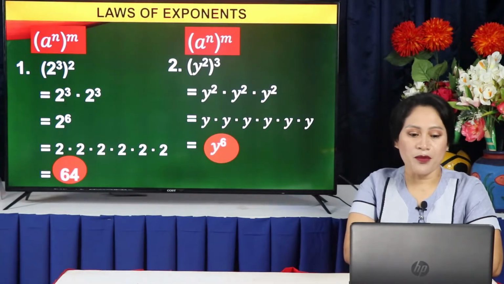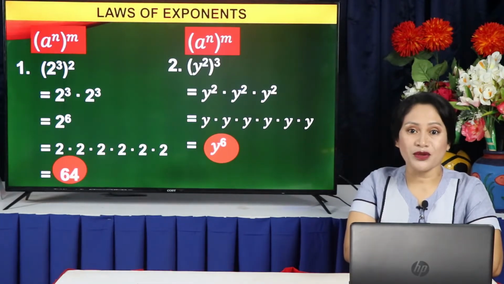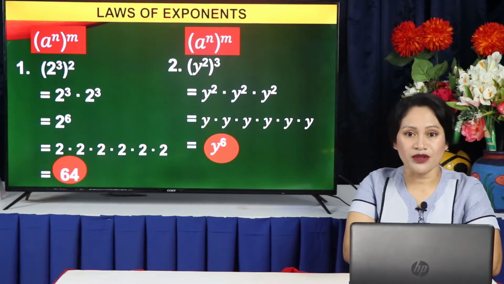For example, number 1, 2 to the power of 3 raised to the power of 2 equals 2 to the power of 3 times 2 to the power of 3 equals 2 to the power of 6, which eventually becomes 2 times 2 times 2 times 2 times 2 times 2 equals 64.